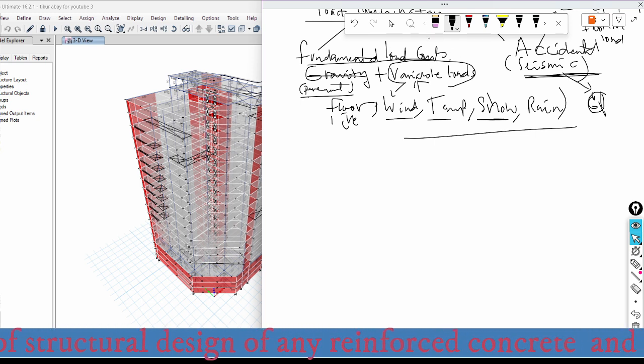In the fundamental load combination, the primary loads are the permanent loads and the variable loads. So now let's proceed to the code.